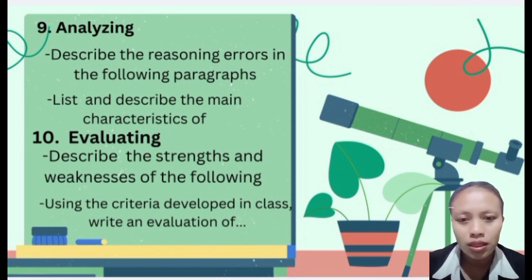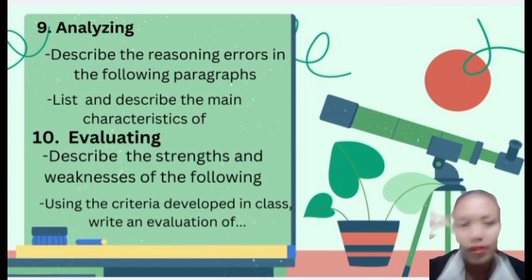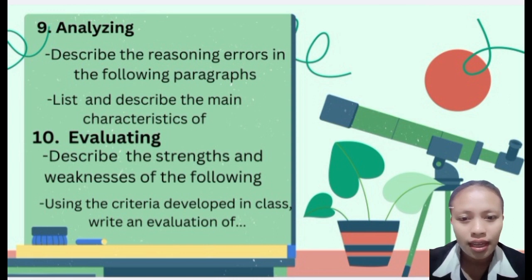So in this first question, we observe that it really needs analysis, because he should be able to identify and describe the following errors in the paragraph with analysis, of course. So the second example: list and describe the main characteristics of unlike small welding.